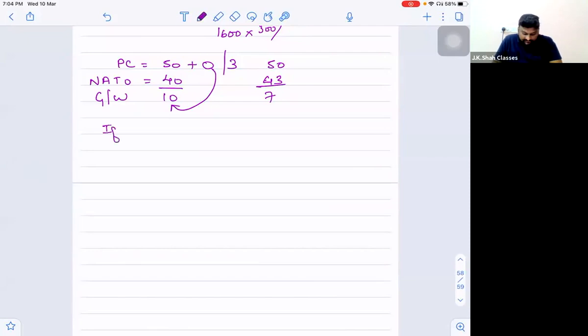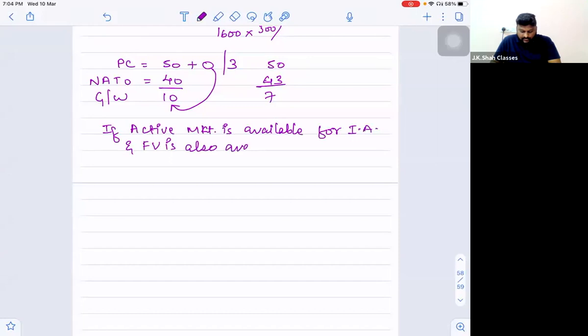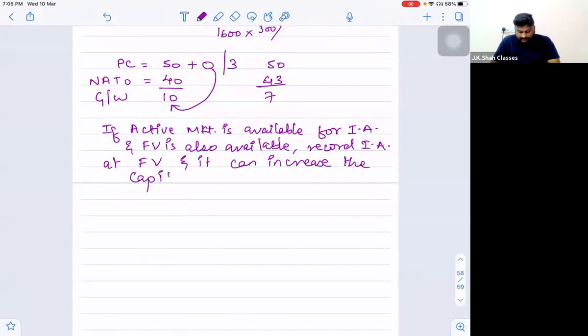If an active market is available for the intangible asset and fair value is also available, record the intangible asset at fair value and it can increase the capital reserve.